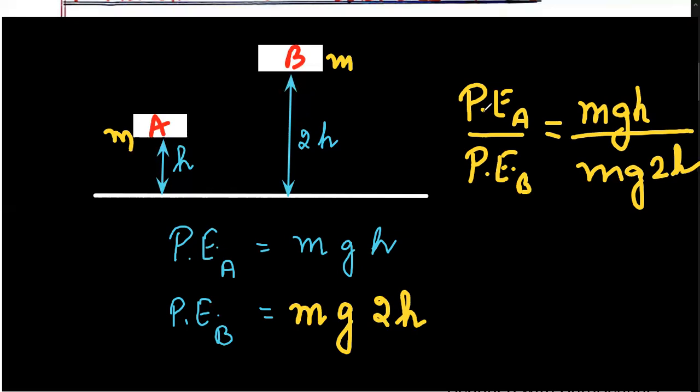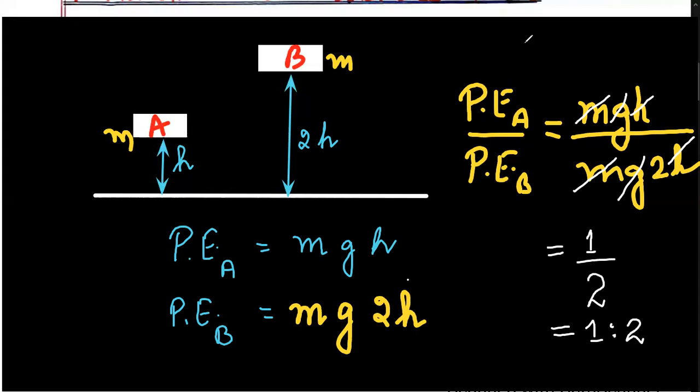Cancel out the things which can be cancelled. m will cancel with the m in the denominator. Similarly, g will get cancelled and h will also get cancelled. So I'm left with, in the numerator it is only 1, while in the denominator the answer is 2. So what is the ratio coming? Our ratio will be 1:2. So this is our answer.